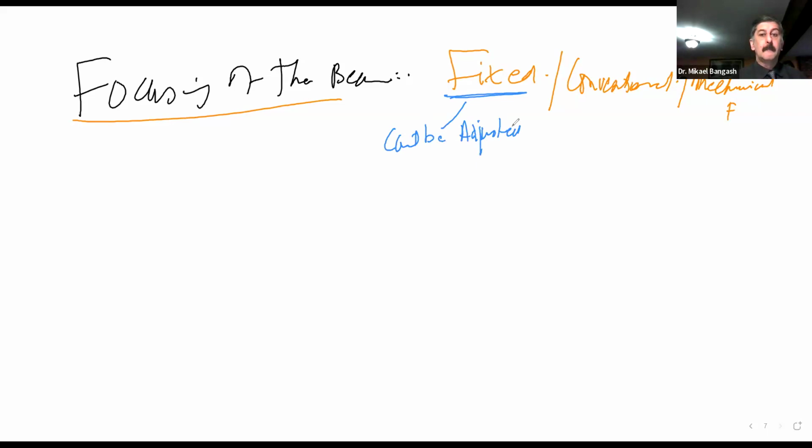That it can't be adjusted. That we can't move it to a shallower depth or greater depth. And another factor of being fixed is that there is going to be one single focal point.